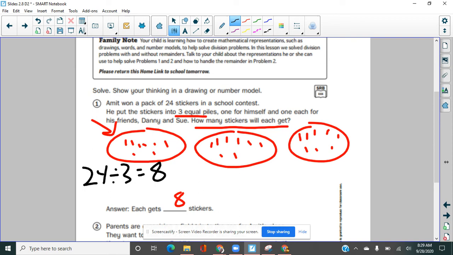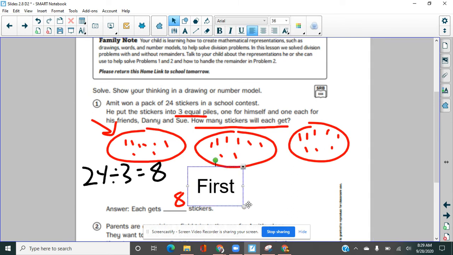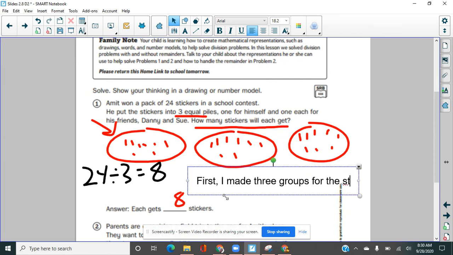Okay, right? Splitting things up is dividing. This one wasn't a two-step problem, so we don't have as much to explain, right? First, I made 3 groups for the stickers.